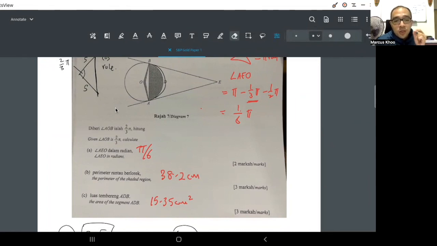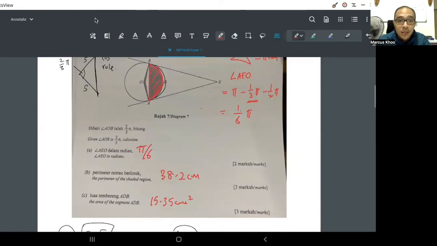So question C, the area of segment ADB is here, this part altogether. This segment is the area of the sector minus the area of the triangle, which can be easily found.